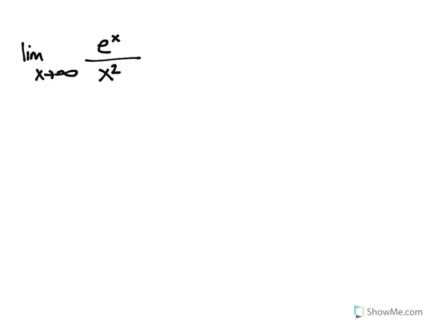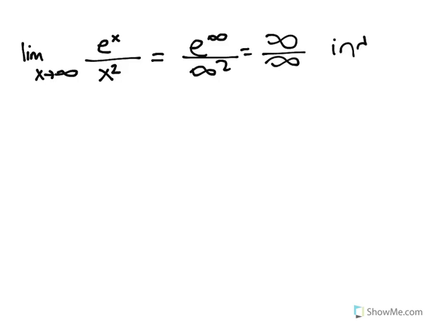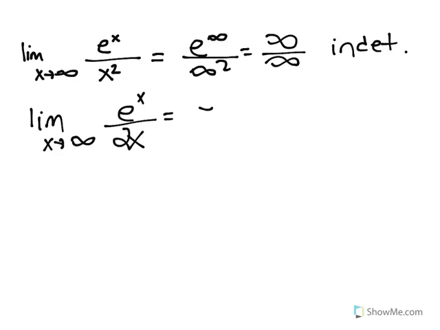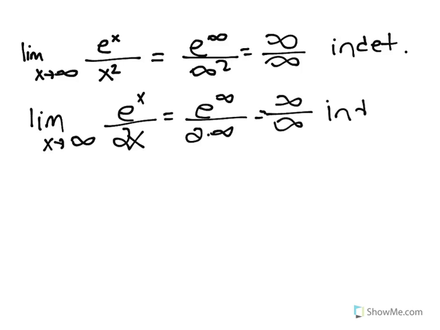Okay, the next one is the limit as x approaches infinity of e to the x over x squared. I'll fill it in: e to the infinity over infinity squared equals infinity over infinity, so it's still indeterminate. So if I take the derivatives of the top and the bottom, e to the x over 2x, I get e to the infinity over 2 times infinity, which is still infinity over infinity, still indeterminate.